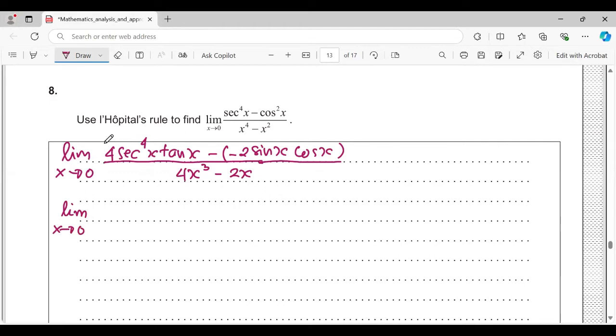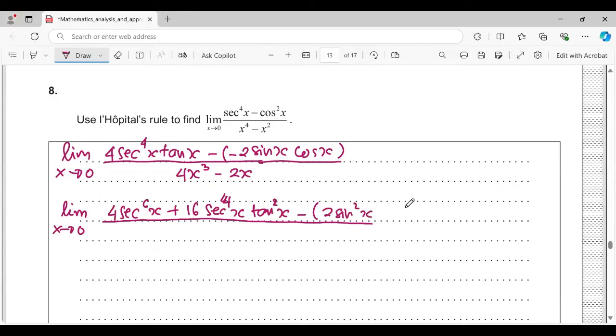Now, the derivative of 4 secant to the power 4x tangent x, that is 4 secant to the power 6x plus 16 secant to the power 4x tangent squared x, minus the derivative of minus 2 sine x cosine x, which is 2 sine squared x minus 2 cosine squared x.